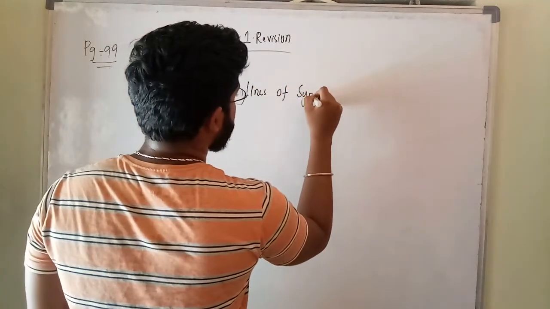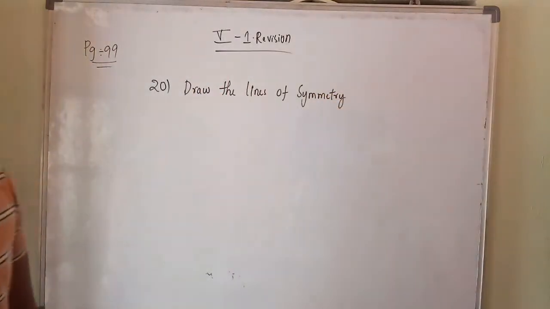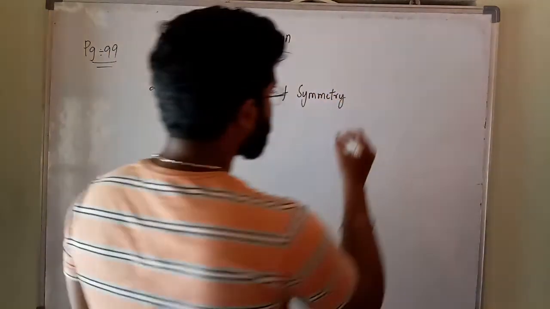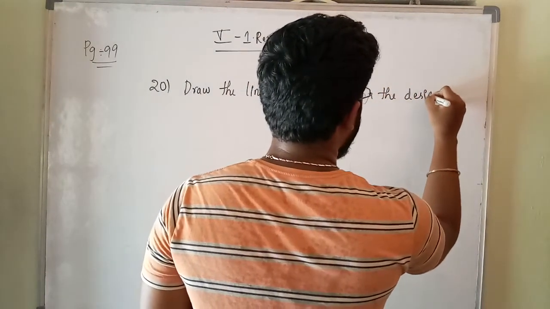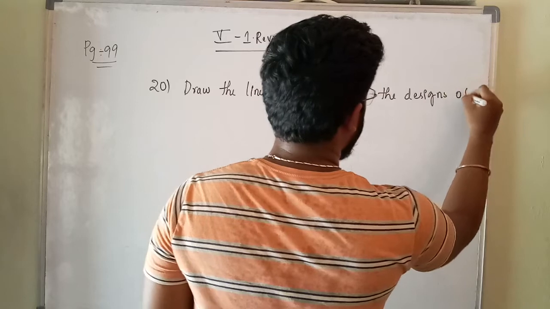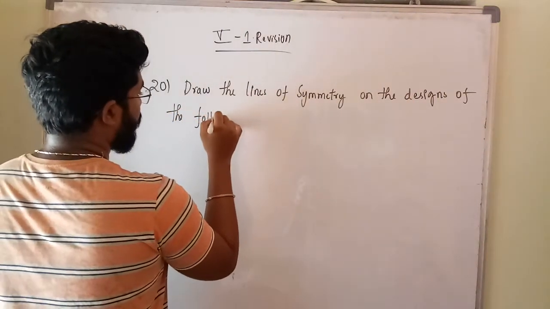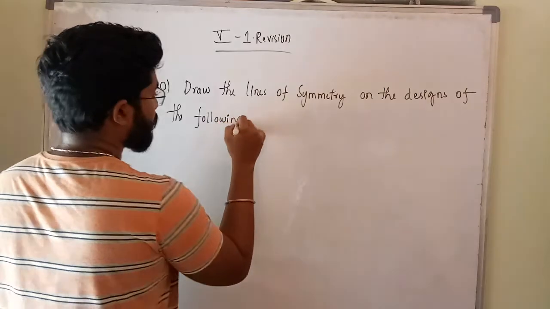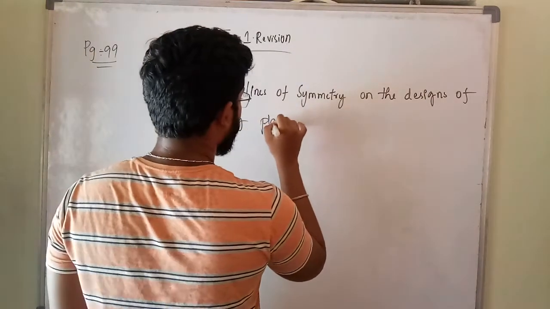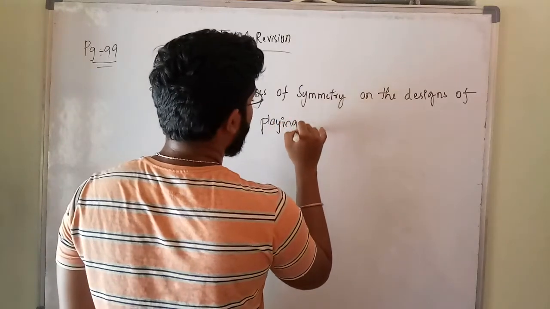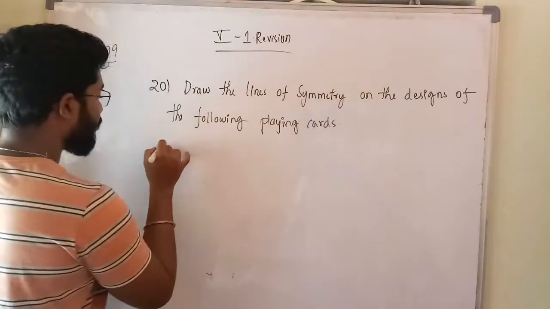Draw the lines of symmetry on the designs of the following playing cards. So he is telling us to draw the lines of symmetry for the figures given below.